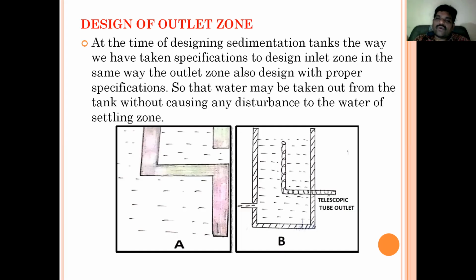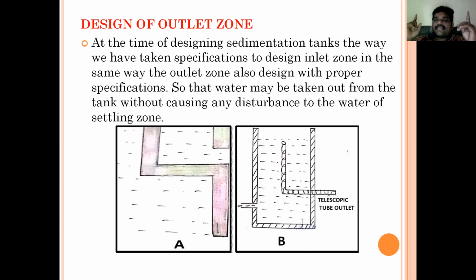Coagulation is the next unit. By maintaining telescopic tube outlets also, the water will enter the next step. That means what we are doing here: water has been collected from the sources through inlets. We have seen reservoir intake, lake intake, canal intake.